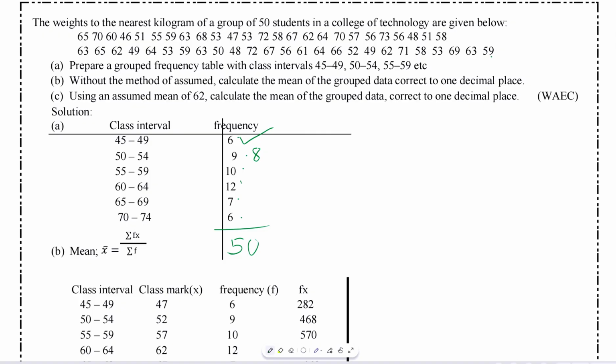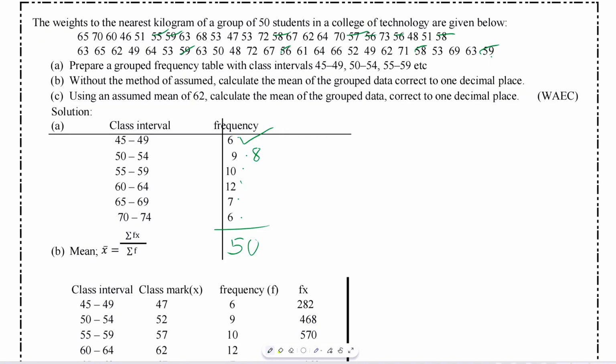But let's confirm if it is 10. 55 to 59. 1, 2, 3, 4, 5, 6, 7, 8, 9, 10, 11. You can see this is 11, right?